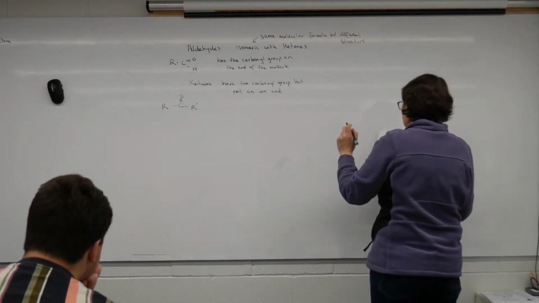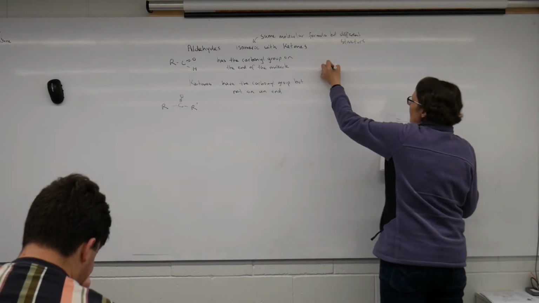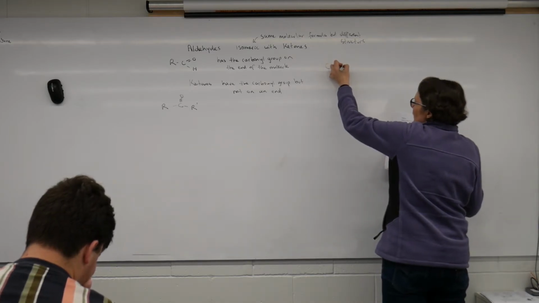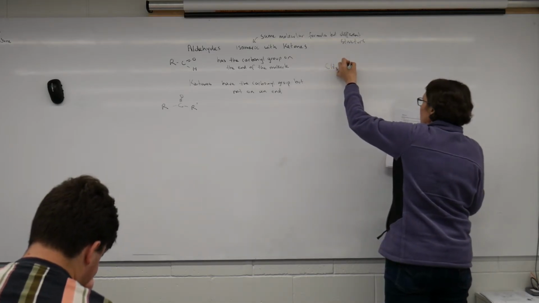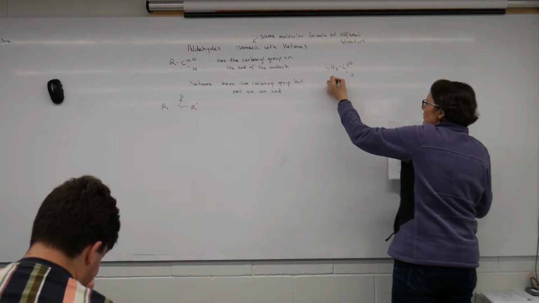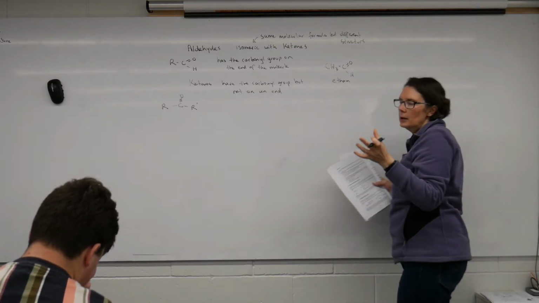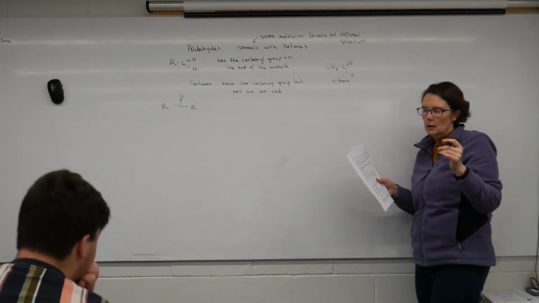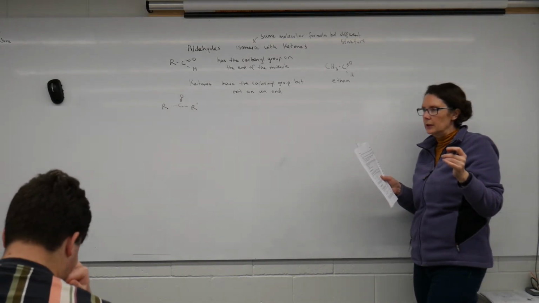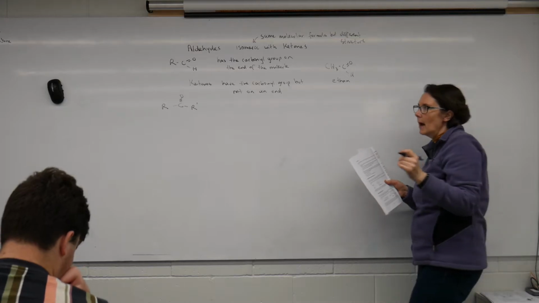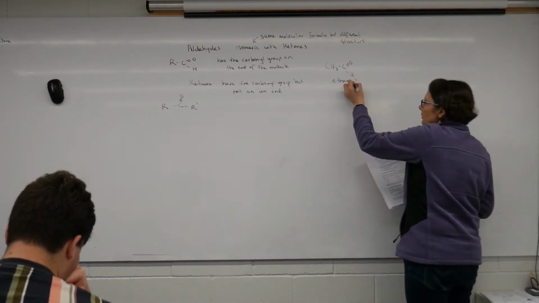We have ethanal in our booklets, and our naming is the same in that we're still starting with the beginning of the name as if it were the alkane, and then we replace the ane with al to indicate that it's an aldehyde.